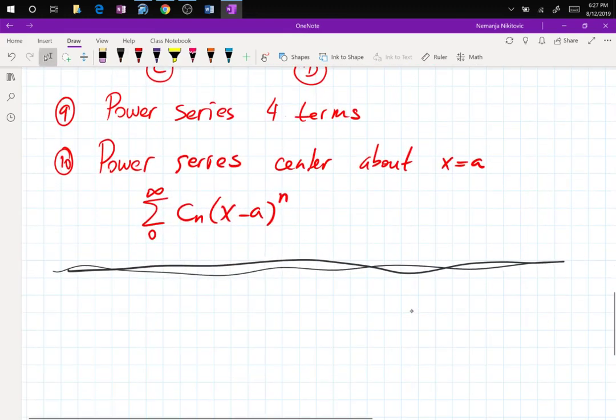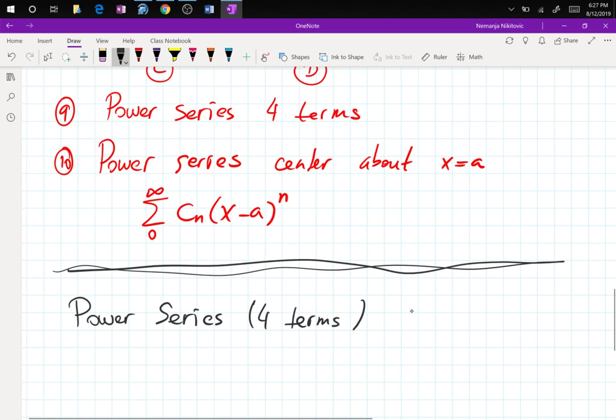Power series, 4 terms for f of x equals, let's go find a problem, because generally that's where you do terrible.